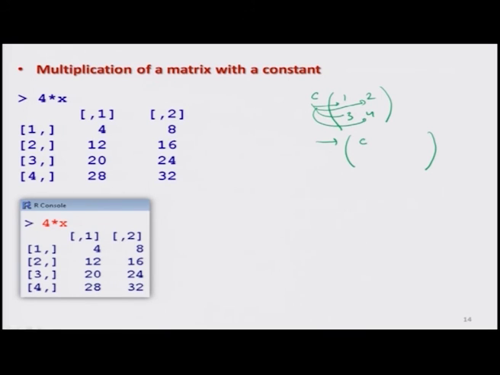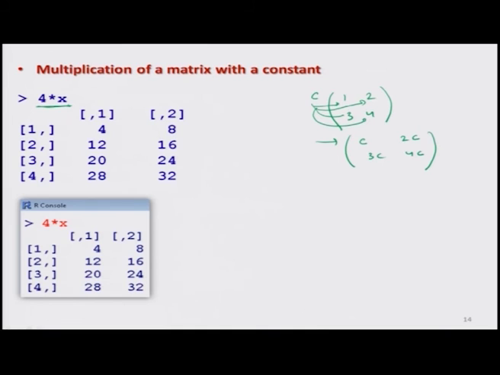So, this becomes C, 2C, 3C and 4C. Suppose I multiply this matrix X by 4, that means each element of the X matrix will be multiplied by 4.